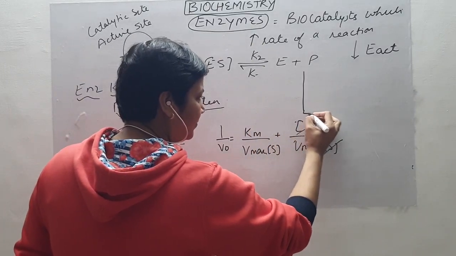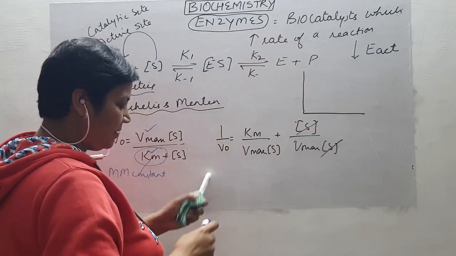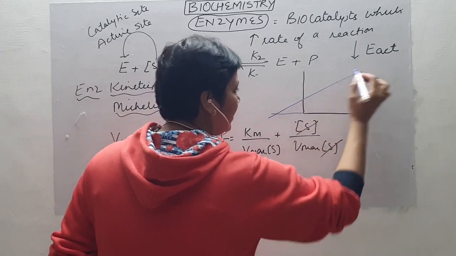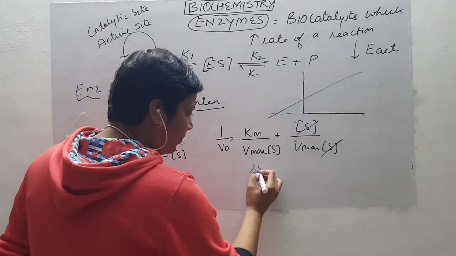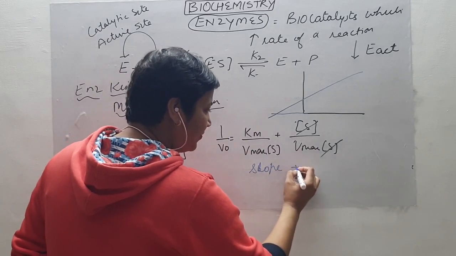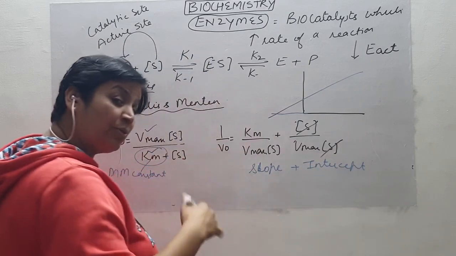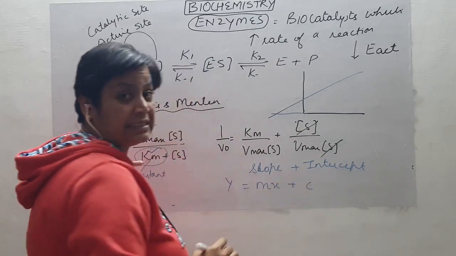And what we have to do is plot a graph like this. The graph would be converted into an equation of a straight line. And this will be the slope and this will be the intercept, because the equation of a straight line is y equals mx plus c.